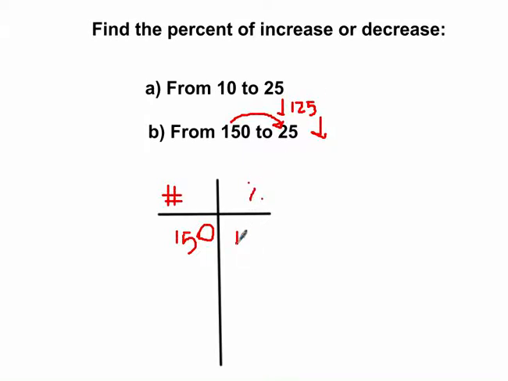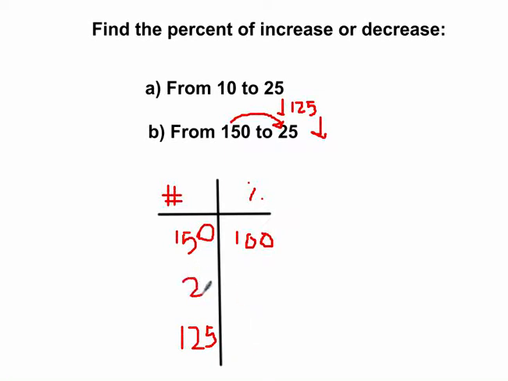So in this case, if we decreased by 150, we would be decreasing by 100%. In this case, we're only decreasing by 125. So we need to figure out what percentage decrease we're decreasing that.